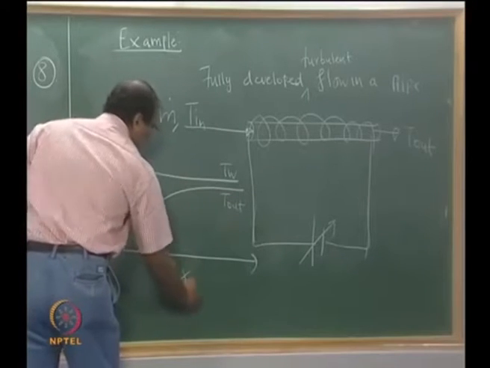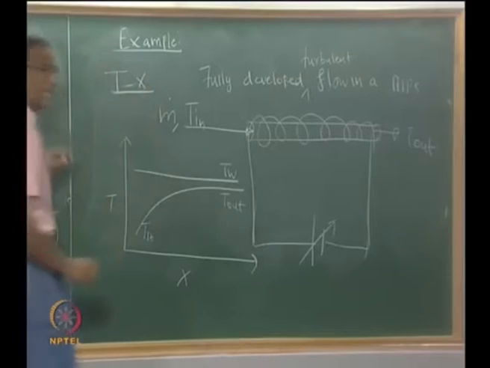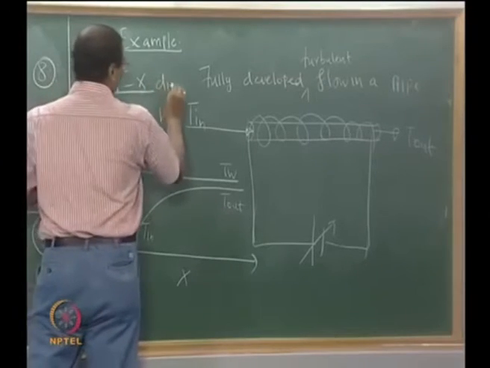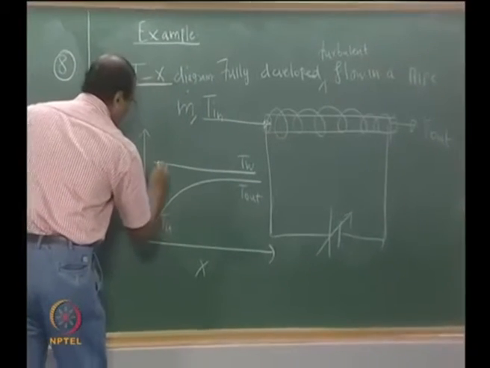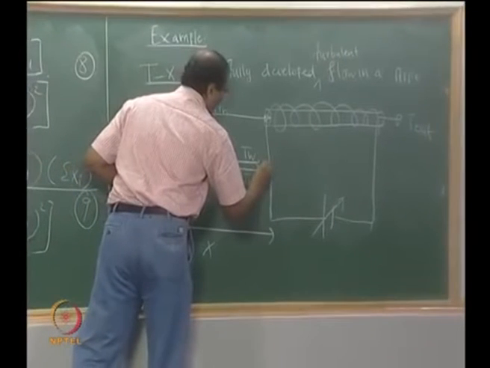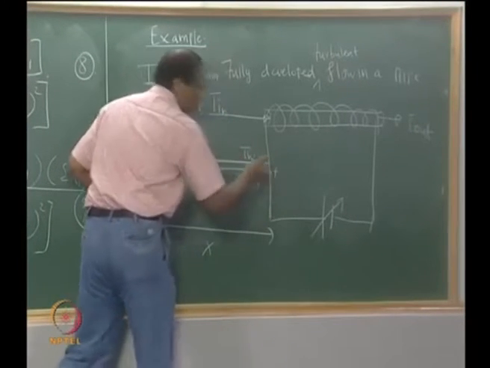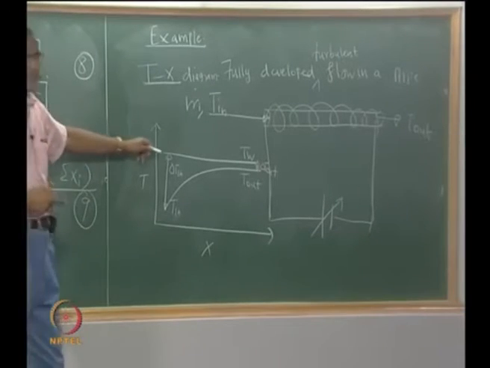This is called a TX diagram of the heat exchanger, temperature length diagram. When you do this, this is delta T in and this is delta T out. I am surreptitiously discussing one question in the quiz.